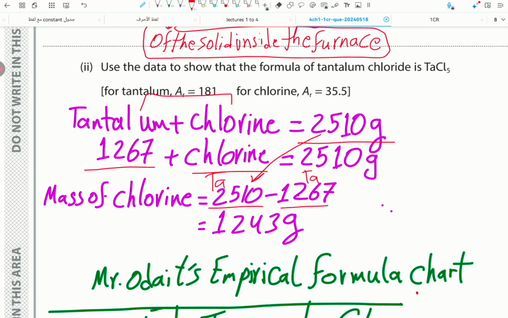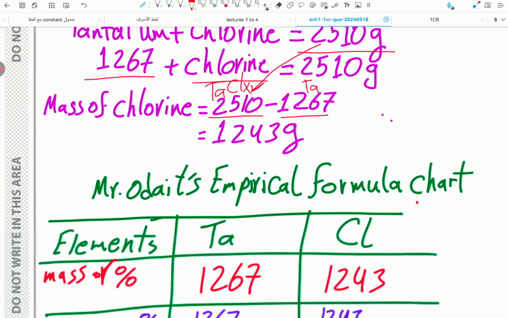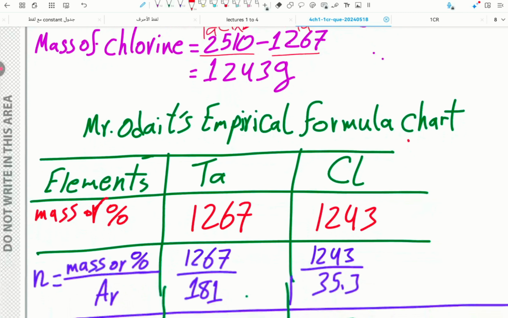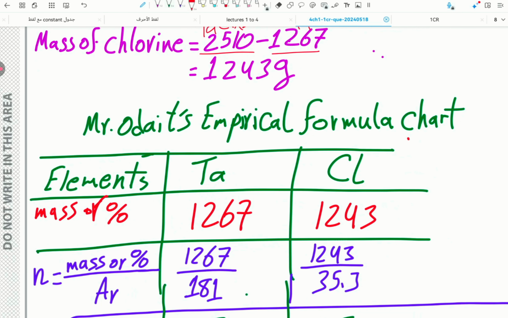Here, TaClX, let's say. We're not sure that it is Cl5. We say this is the whole mass of tantalum and chlorine together, and this is the mass of tantalum alone. So the mass of chlorine is 1,243.